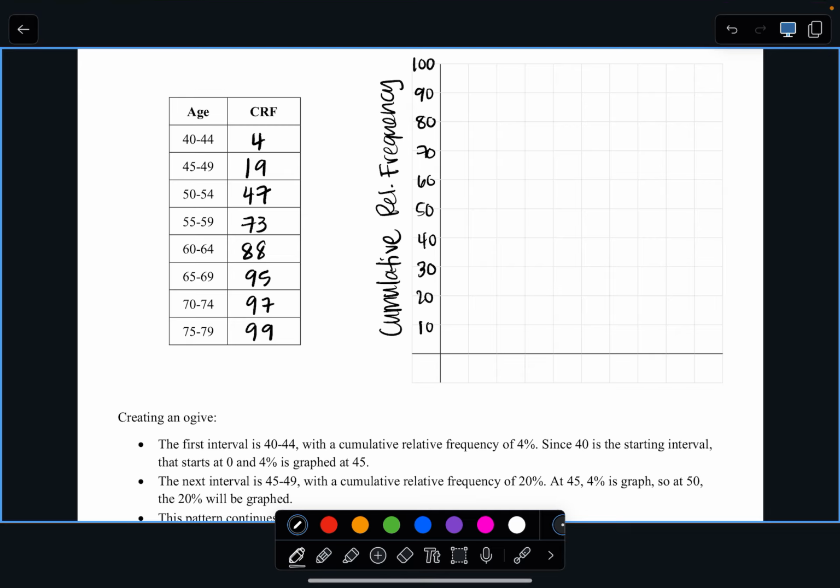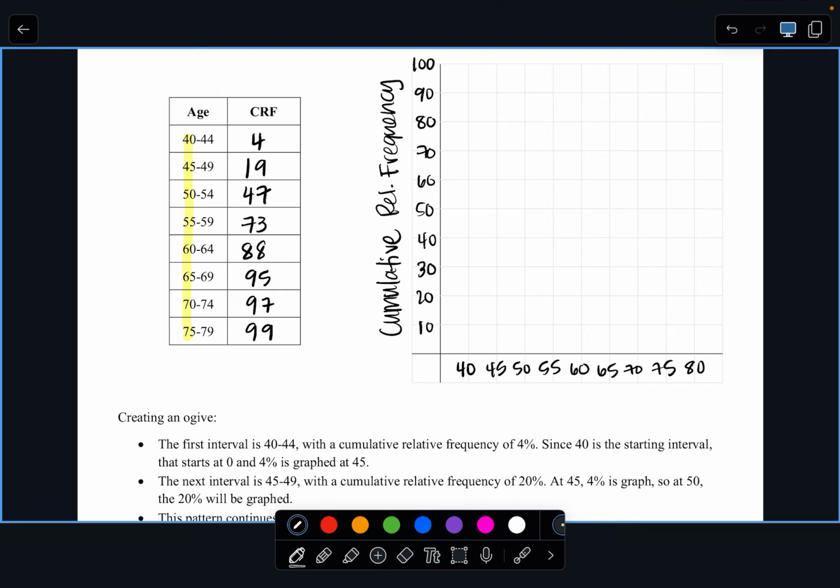And then, just like I do for histograms, whenever I'm scaling the x-axis, I'm going to take all of these lower bound values. So I'm going to start with 40, and then I'm going to have 45, 50, 55, 60, 65, 70, 75.